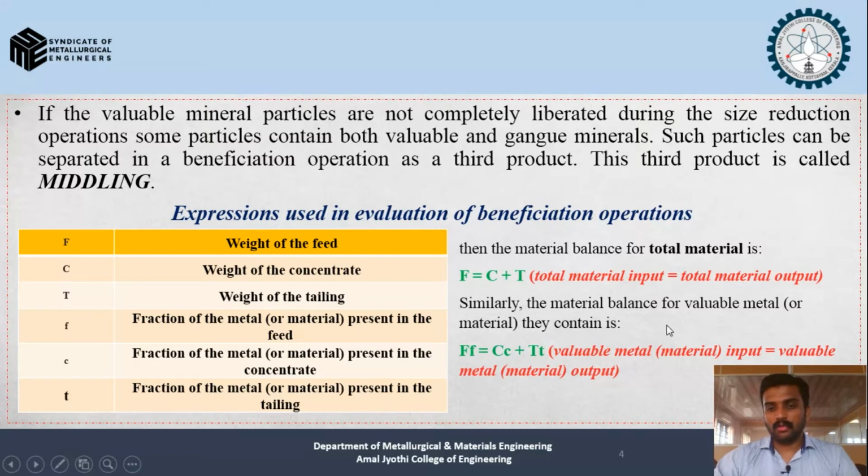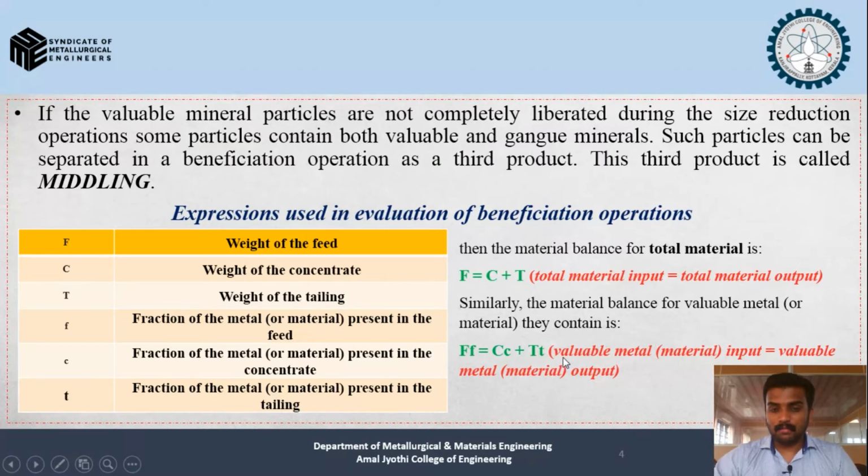Similarly, if you go for the material balance for the valuable metals they contain, we can find the expression to be Ff = Cc + Tt. Make sure that the capital F and the small f are different in terms of their meaning, like the small f is the fraction of metal present in the feed.